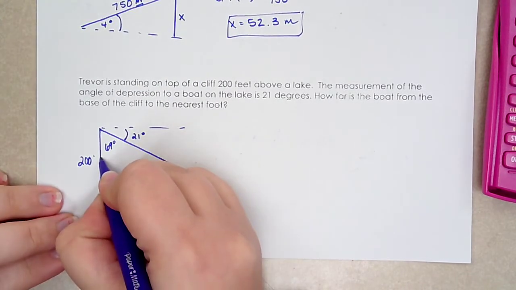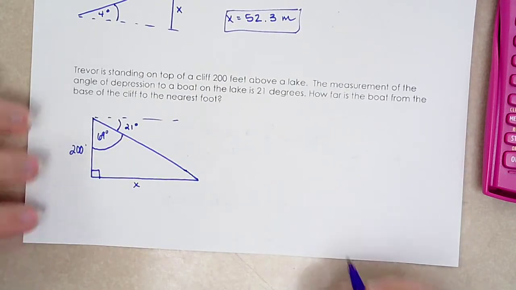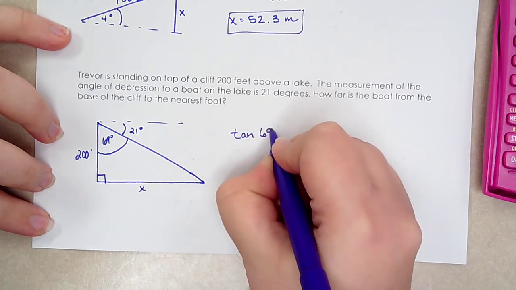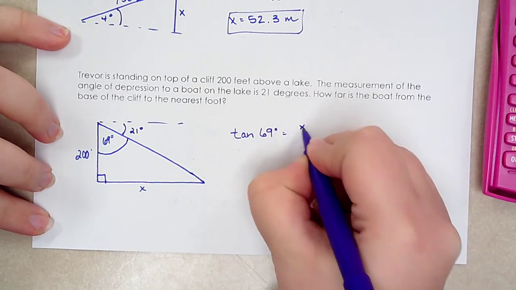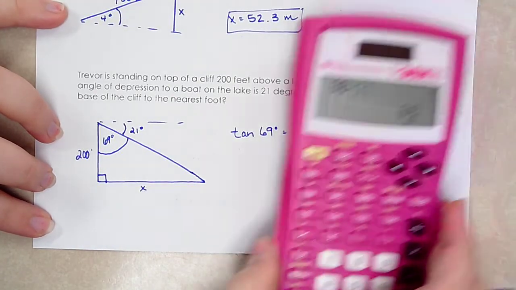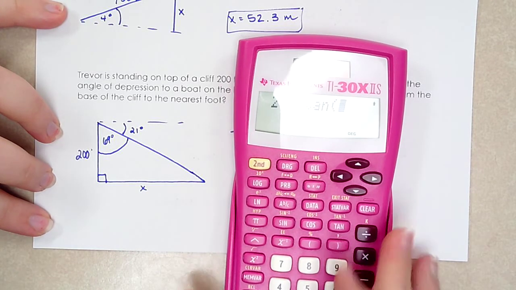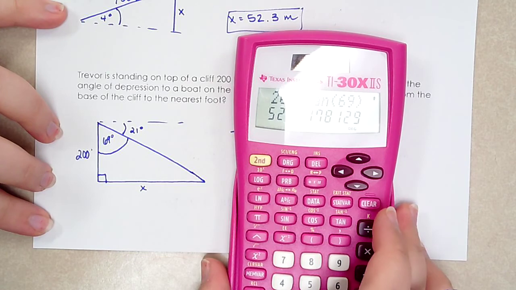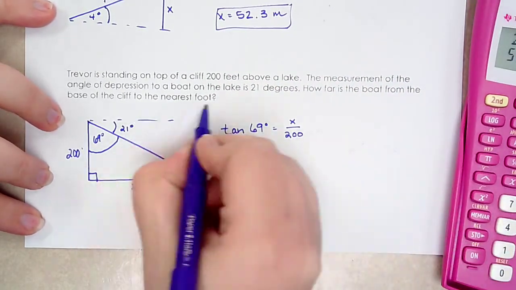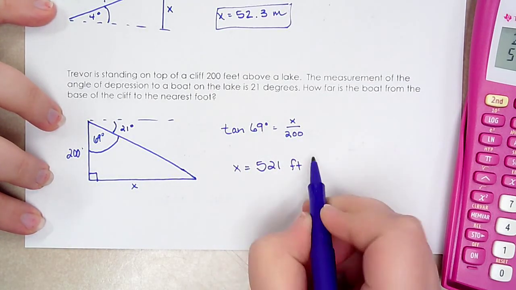Once I have this inner theta to work with, I notice I have the opposite side and the adjacent side, which I can then put into a ratio of tangent of 69 degrees equal to opposite over adjacent, and then of course multiply both sides by 200. 200 times the tangent of 69 degrees is 521.0. And it says to the nearest foot, so 521 feet away.